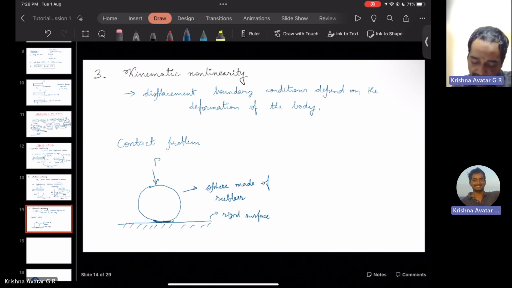And as you keep on increasing the load P, it's getting deformed, and eventually it's just getting flattened over it. So you see that the area of application of displacement boundary conditions is also changing, isn't it? The subset of the spherical surface area which is being subjected to the displacement condition is changing, and it depends on the deformation of that rubber sphere, and that nonlinearity is what is kinematic nonlinearity.